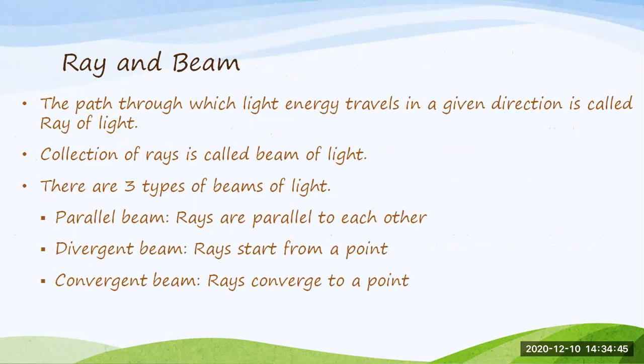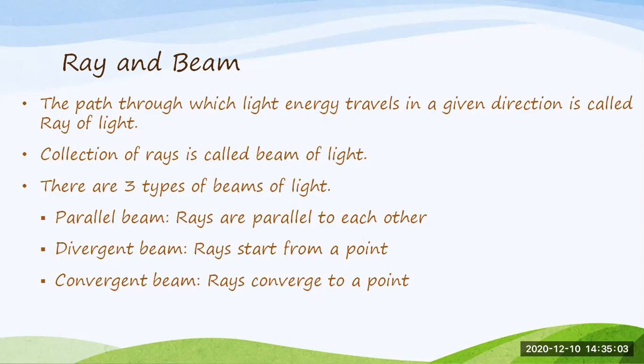Now let's see what the ray and beam is. So the path through which this light travels. So this light travels in either the north direction or the south direction or the east direction or the west direction.